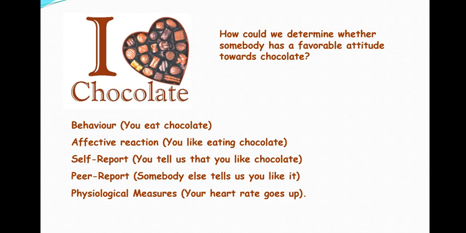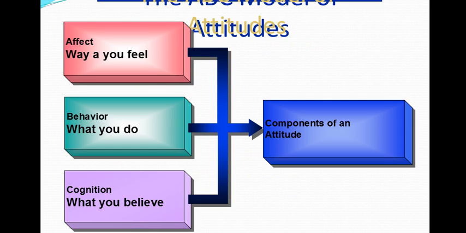Okay, all physiological measurements show that I like it. And that's why we call this model of structure the ABC model, because it shows the A for the way I feel, affective, the B for behavior, what I do, and the C for cognition, what I believe, what I'm thinking.